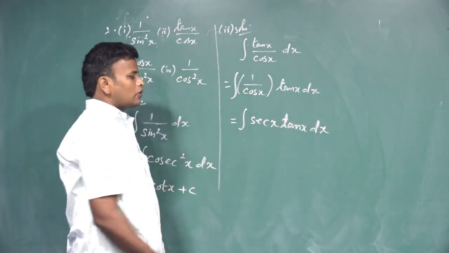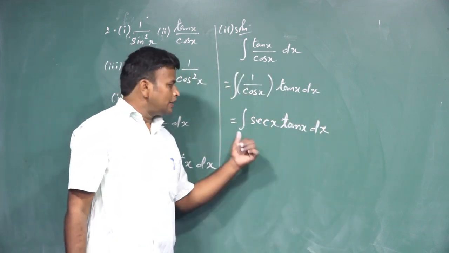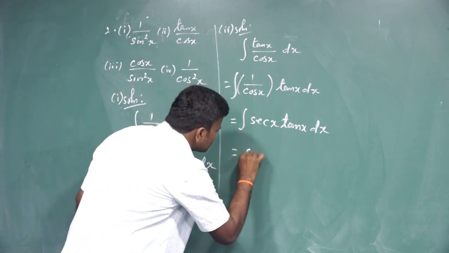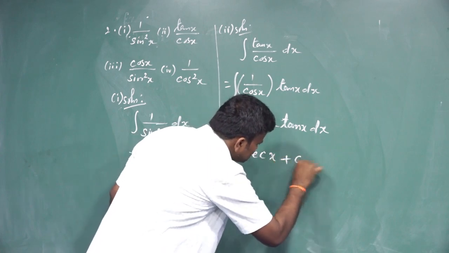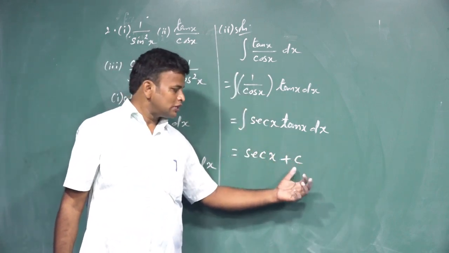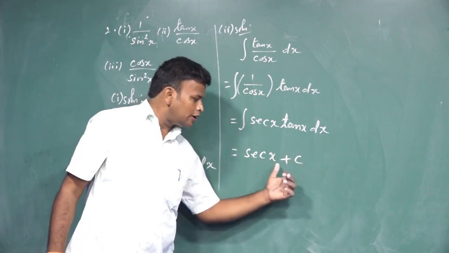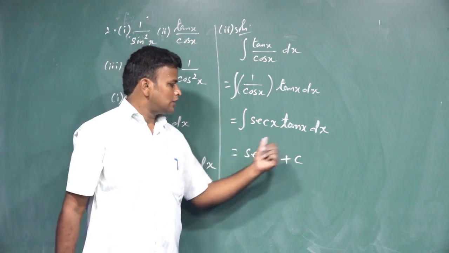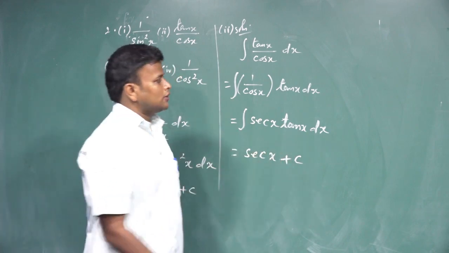Now you see exactly one formula: the integrating of secant x tan x is secant x. So secant x plus c. Whenever we integrate any term, one constant is there, so in all the terms we add a constant c. So integrating of secant x tan x is secant x plus c.